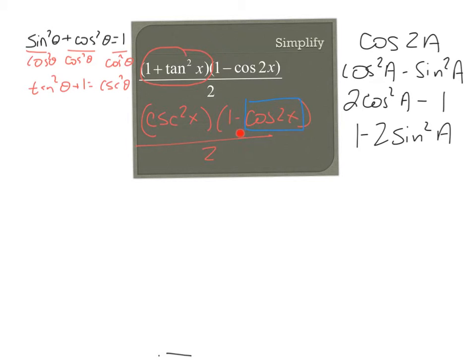Got to remember that I have to look at opposites. So I have a positive 1, and if I got a negative 1 here with the negative in front, that's going to make that guy positive. If I plug this guy in, I'm actually going to get a positive 1, so the 1s will cancel out. So I'm going to use the 1 minus 2 sine squared identity.